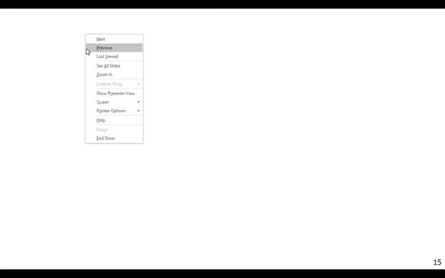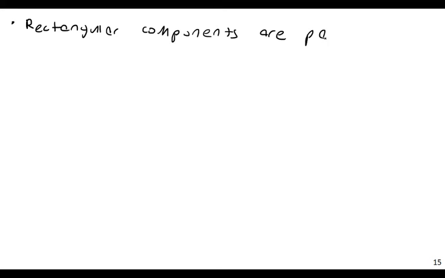Okay, so when is this useful? Well, let's think about this. When are rectangular components useful? Rectangular components are particularly useful when the components are independent.